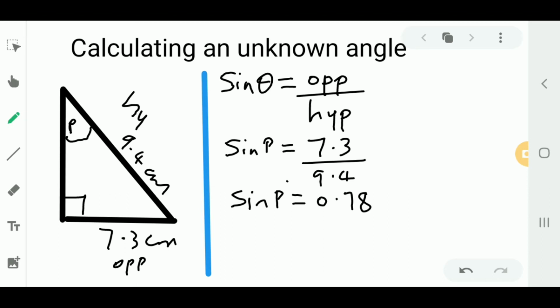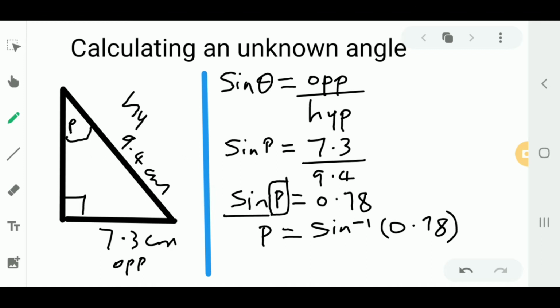Now we want to find P only. So what that means is P is equal to sine inverse of 0.78. In order for us to get rid of sine, we have to multiply sine by sine inverse.